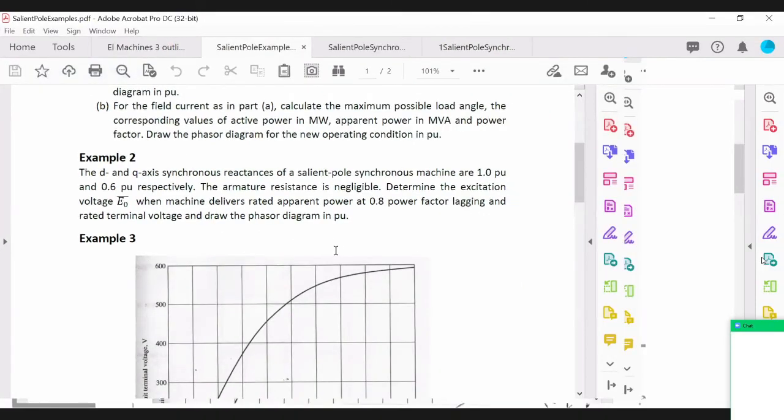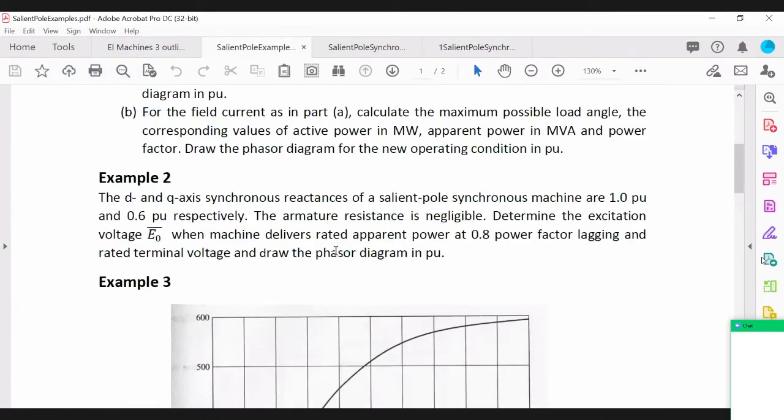Okay, so in example two, we're exploring this powerful per unit system, and how it can be used to determine or analyze a salient pole machine.